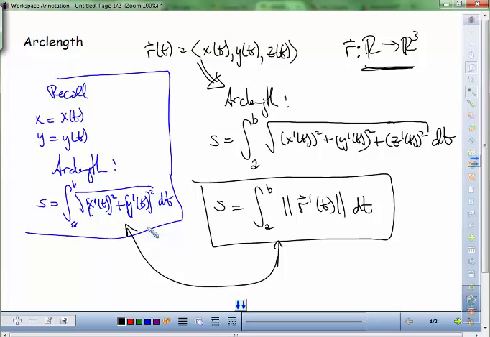If we look at a two-dimensional vector valued function, it just has an x and y component. And then here you have x prime, y prime squared, and stuff like that. So it's really just the same as the magnitude of r prime.